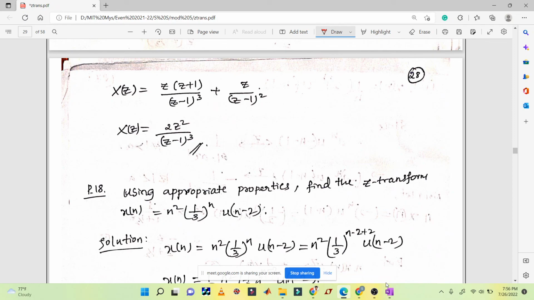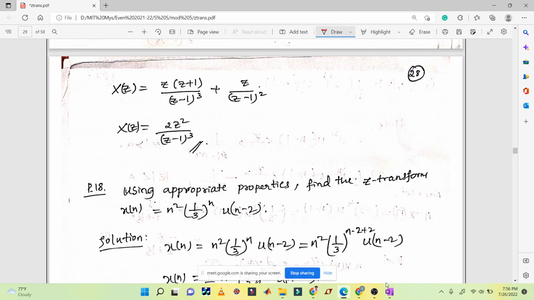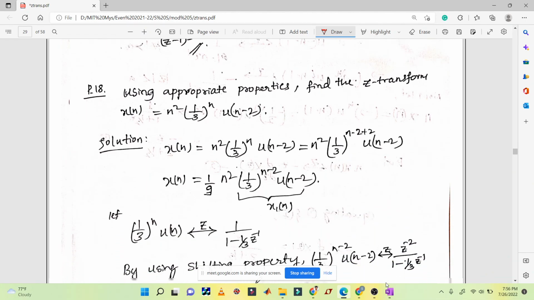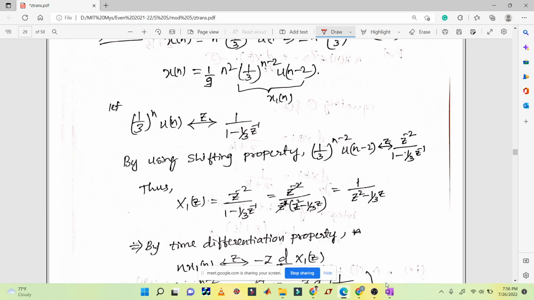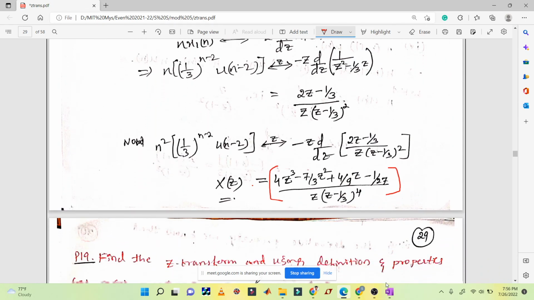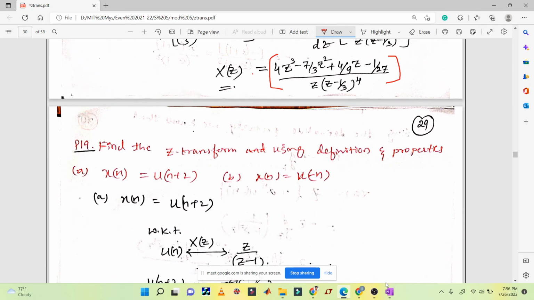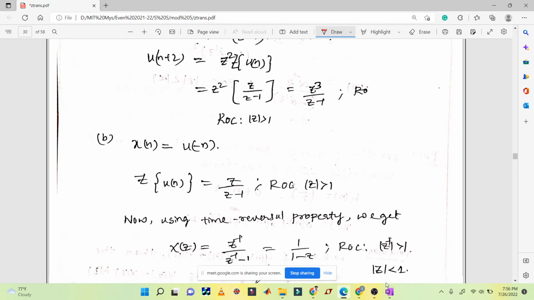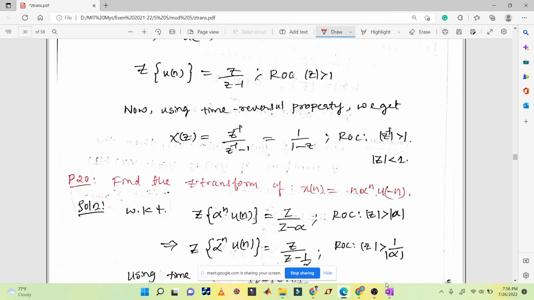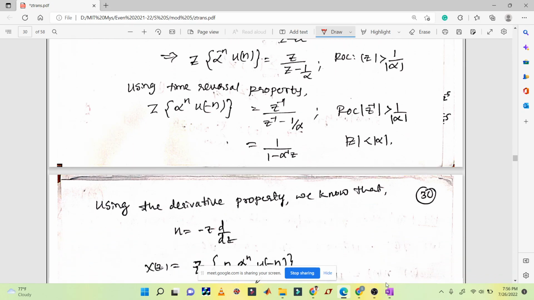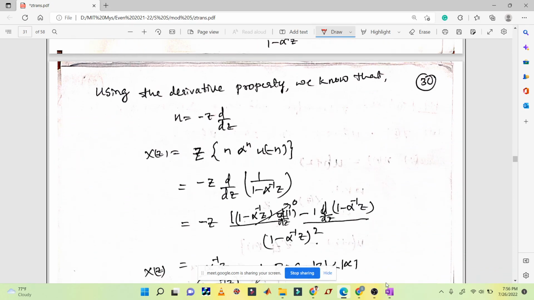Here again I will share a few PDFs for more problems. The more problems you solve, the better. So up to P18 I will solve. I will not solve beyond this. Directly I will move on to the inverse Z transform. Okay, so these problems you have to solve on your own.